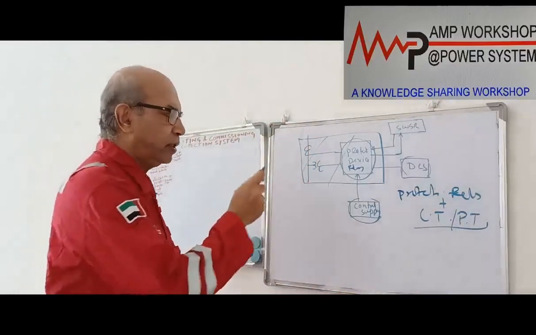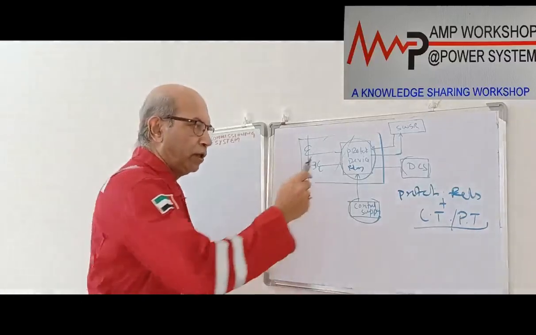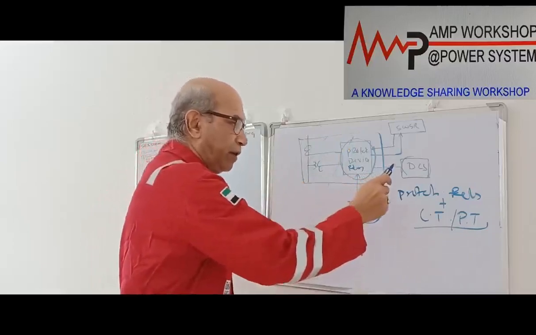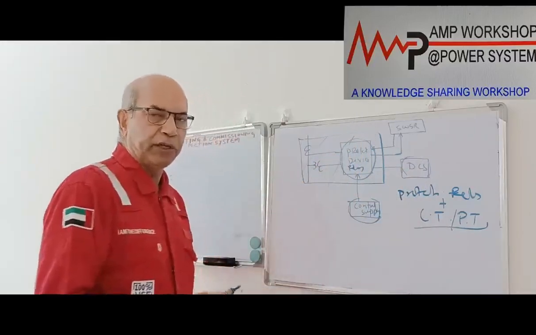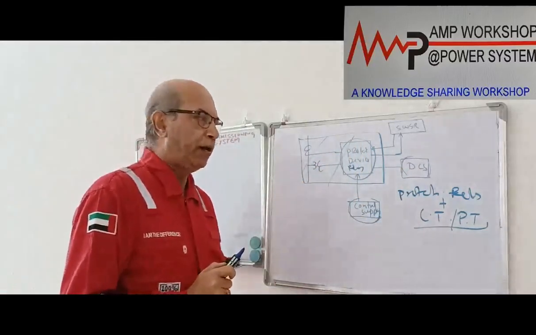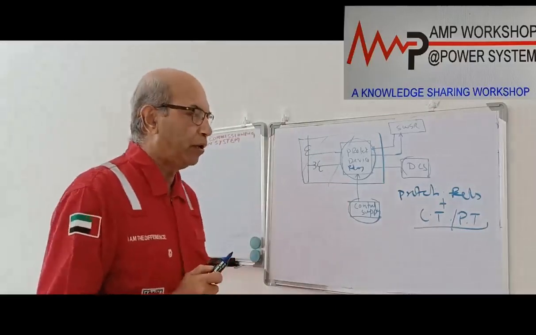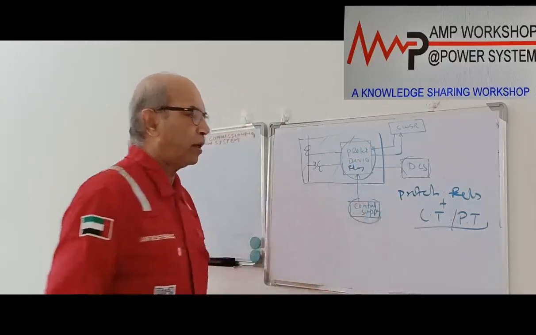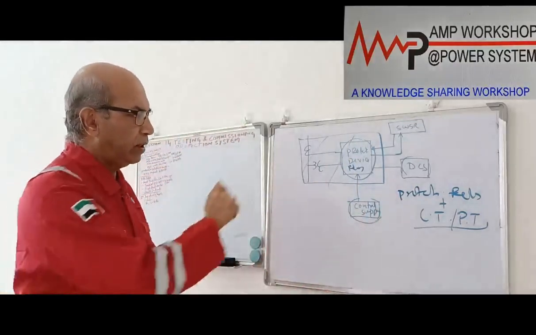Then this protection system also has an interface with the corresponding switchgear or switchyard equipment, and with the DCS for various information or data to be looked into, as well as an interface with the control power coming from the DC system. These are the various interfaces.